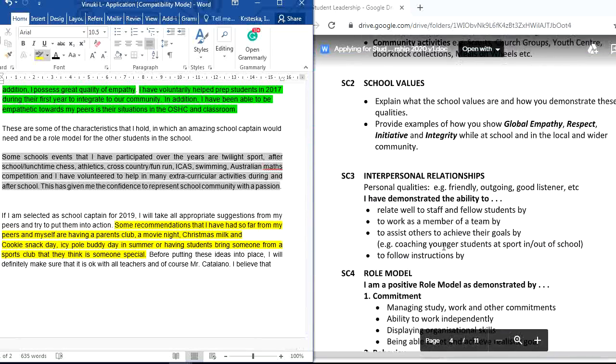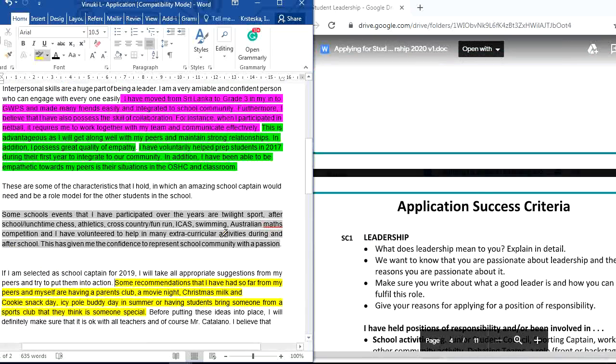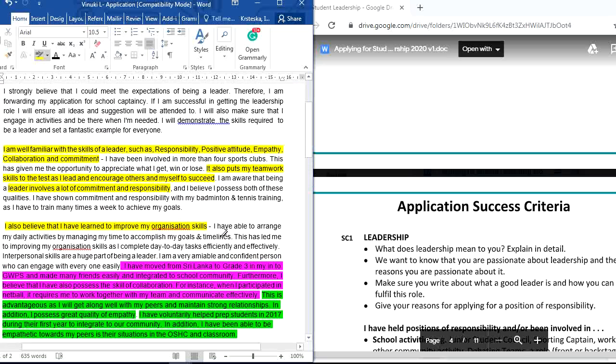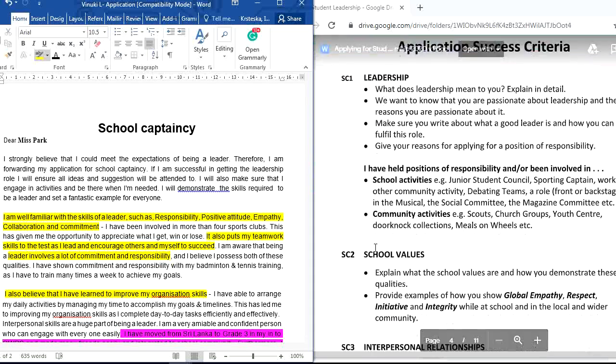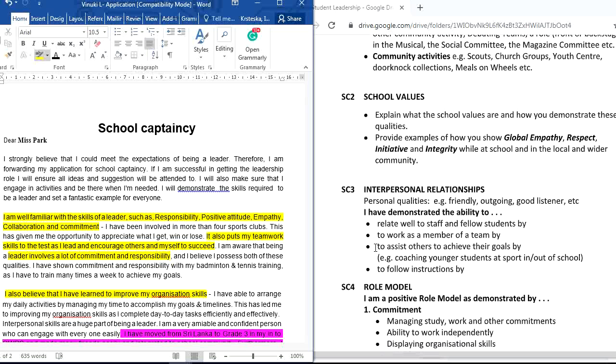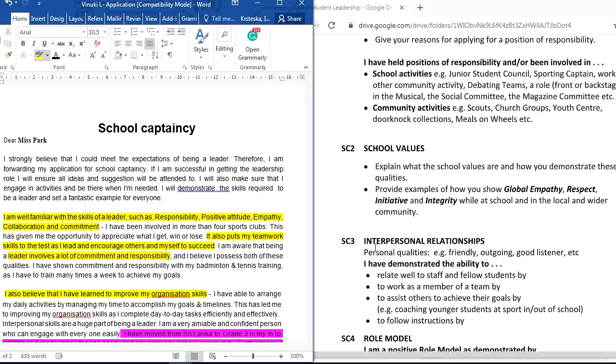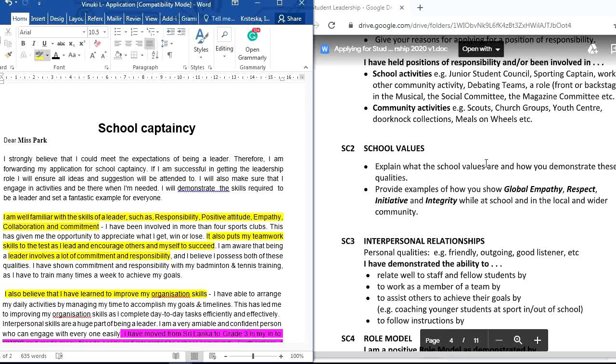Okay, so if we scroll back up to the top, we can see that this student has managed to address all of the different parts of the success criteria. If I was to give this particular student one piece of feed forward, I would say they need to have a bit more focus on the school values.